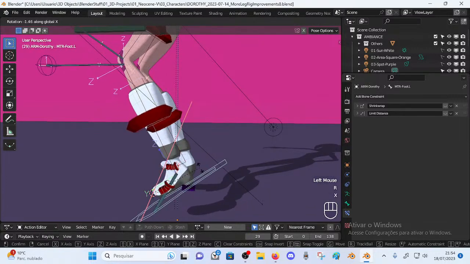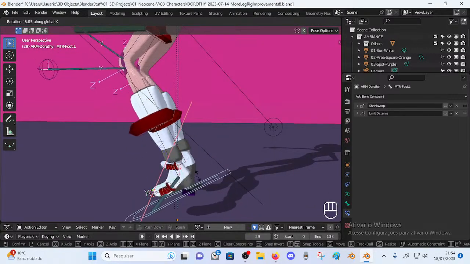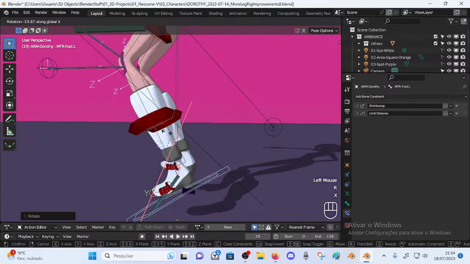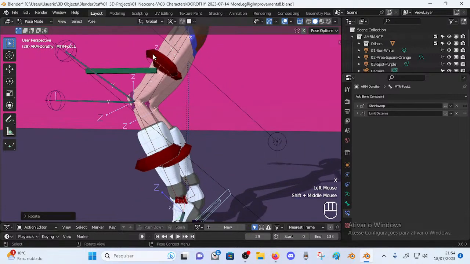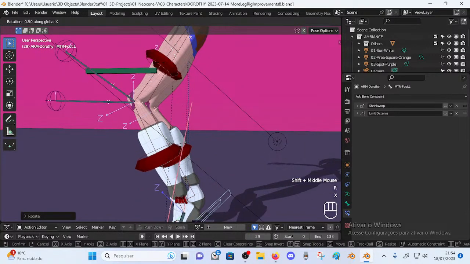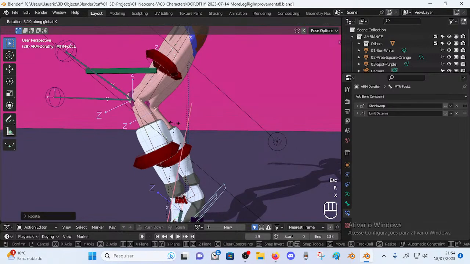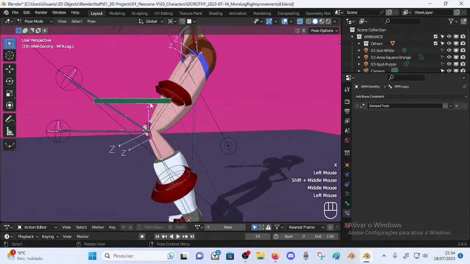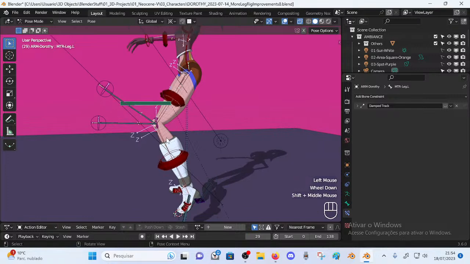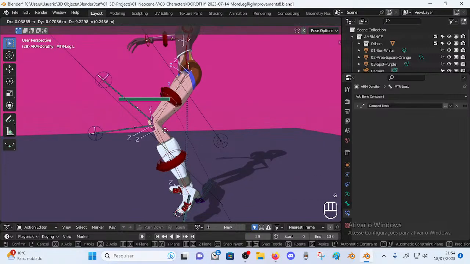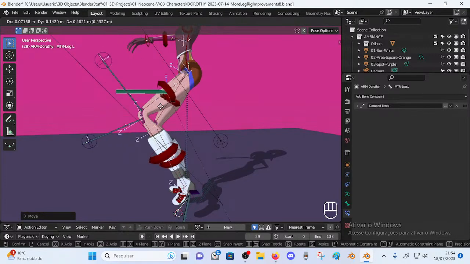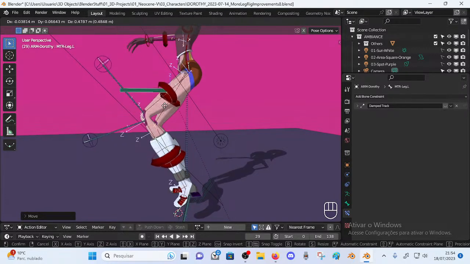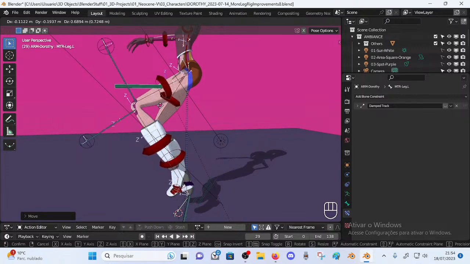Okay, and now I can do this, and this doesn't change the upper rig, although it creates some bad deforms here, but this with a little thing I can solve like that. Of course, if I push this bone more, it will drag the shin and the foot, right?